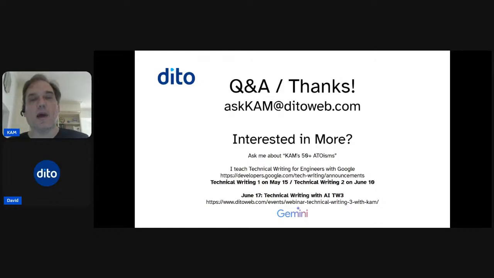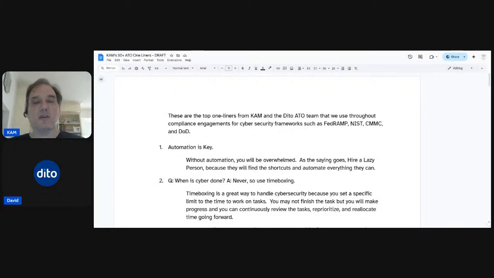So, let's see if I can share another tab real quickly. Let me see if it showed up. Yep. Okay. So when I talk about ATO-isms, these are the one-liners. These are the things that, if you engage with me and my team, you'll find that we are repeating or stating quite often.